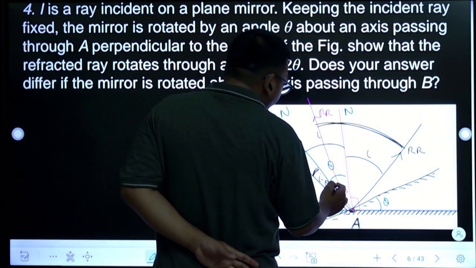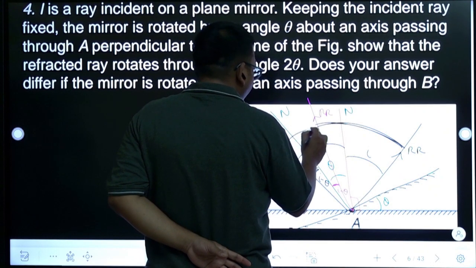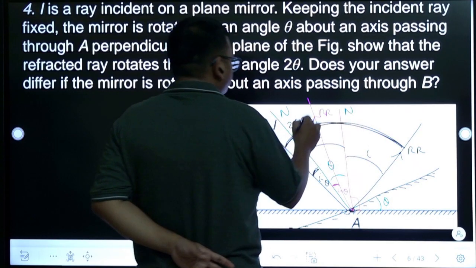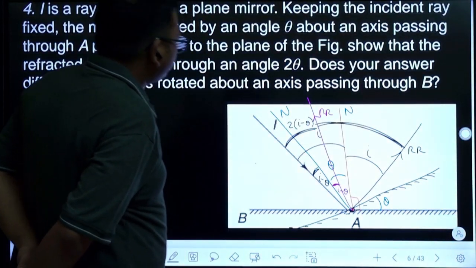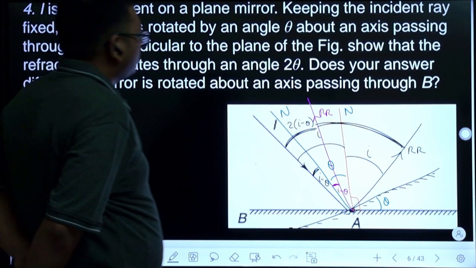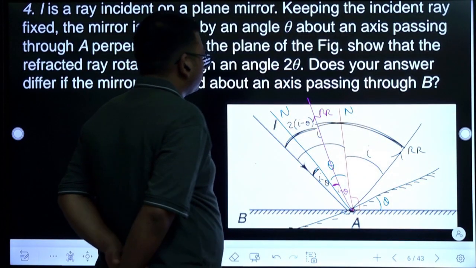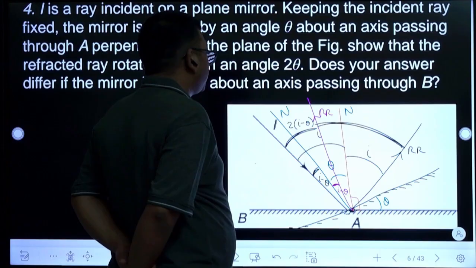See, if this is I minus theta, this angle is how much? This angle is 2 times I minus theta, right? 2 times I minus theta.